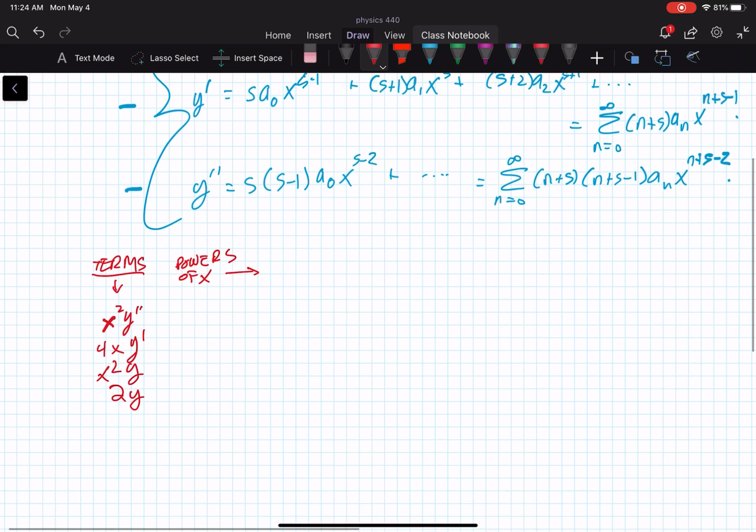And then we want to consider x to the s, x to the s plus 1, x to the s plus 2, all the way up to x to the n plus s.